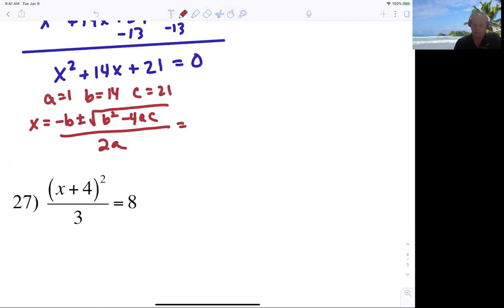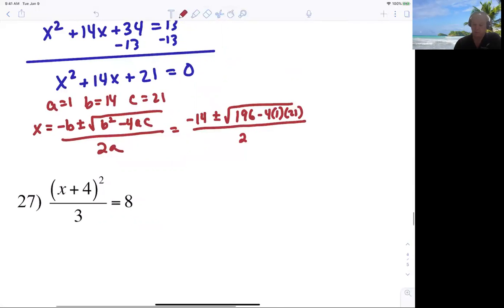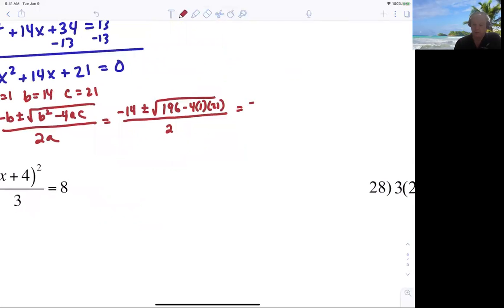So negative 14 plus or minus, of course, 14 squared, 196, minus 4 times 1 times 21, all over 2. So now I have negative 14 plus or minus the square root of 196 minus 84, all over 2.